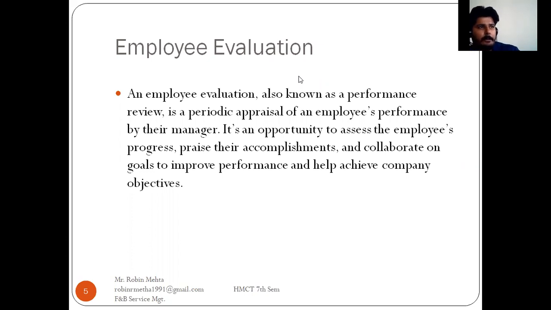They evaluate the employee's performance by analyzing their performance and their tasks, the duties we are giving to them. So they analyze their performances and then give the appraisals to them. Okay, it is an opportunity to assess the employee's progress, praise their accomplishments, and collaborate on goals to improve performance and help achieve company objectives.